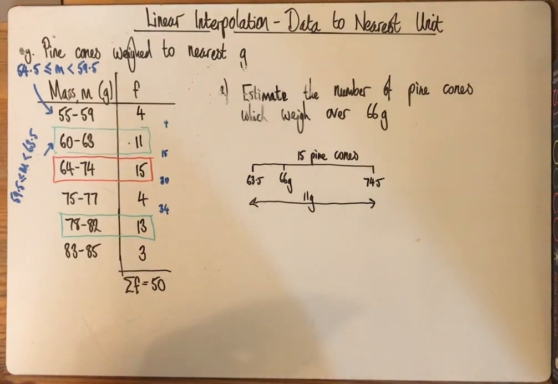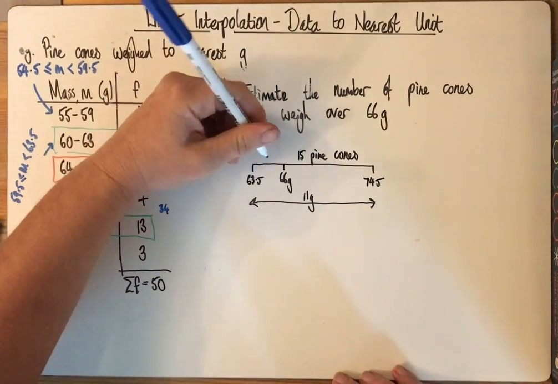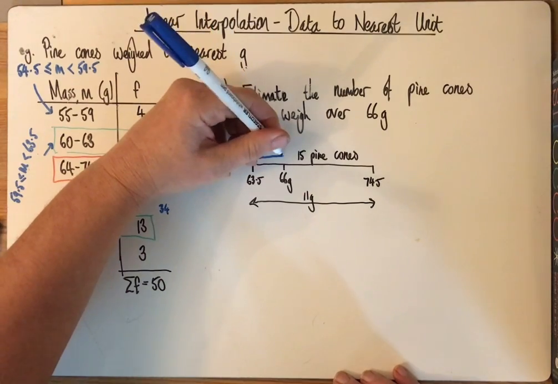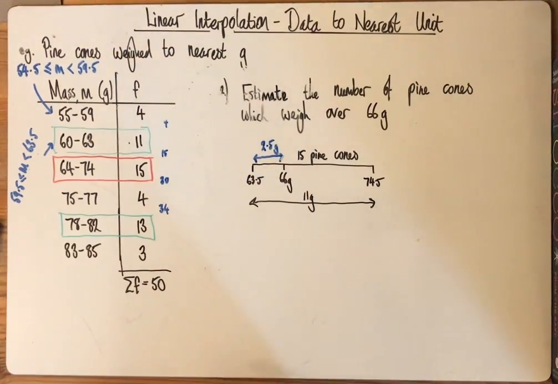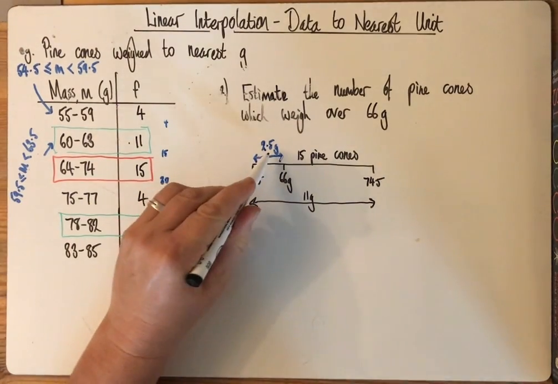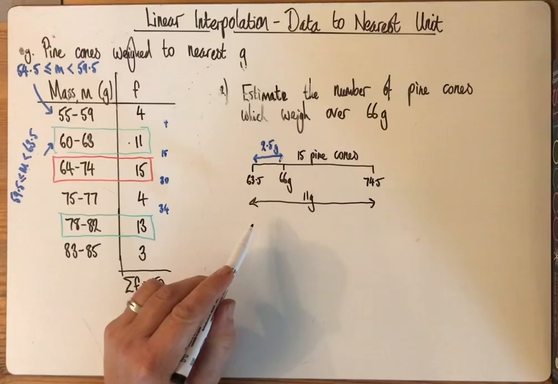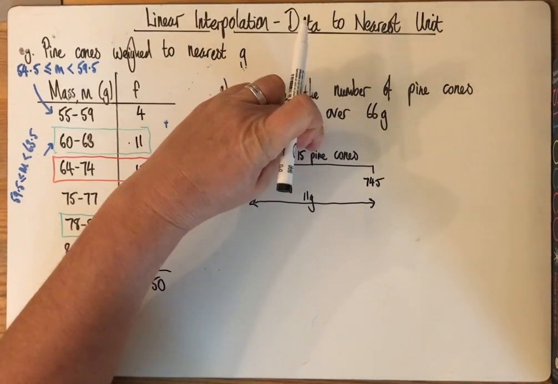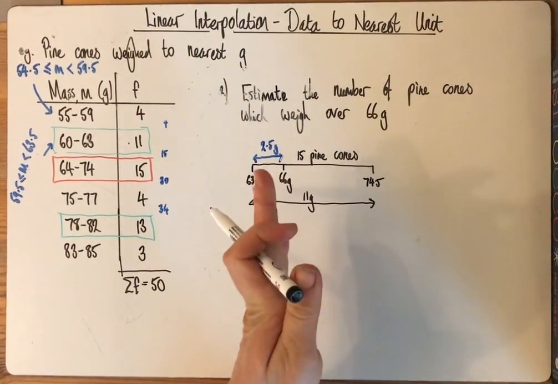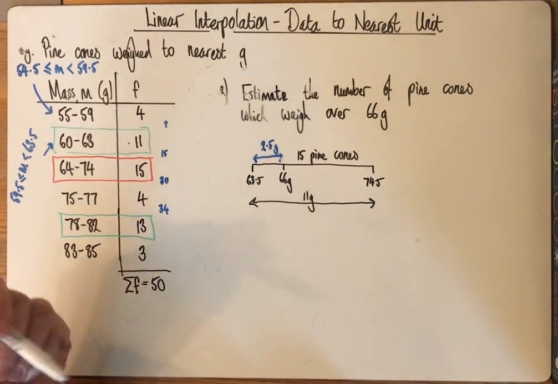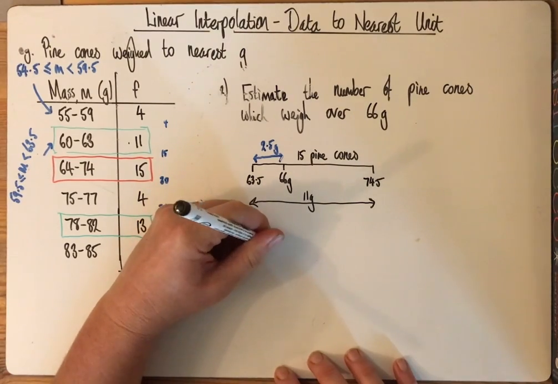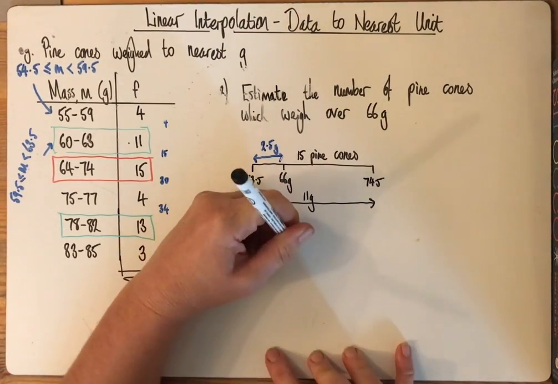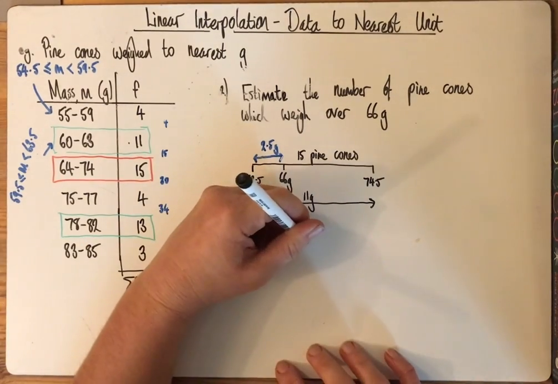So it's just taking it back the other way. The difference between 63.5 and 66 is 2.5 grams. So for this one, I need to look at doing 2.5 divided by 11, and it's that fraction of the 15 that we've gone in. So it's the same principle, it's just working back the other way. So if I do 2.5 over 11 times 15, that gives me 3.41.